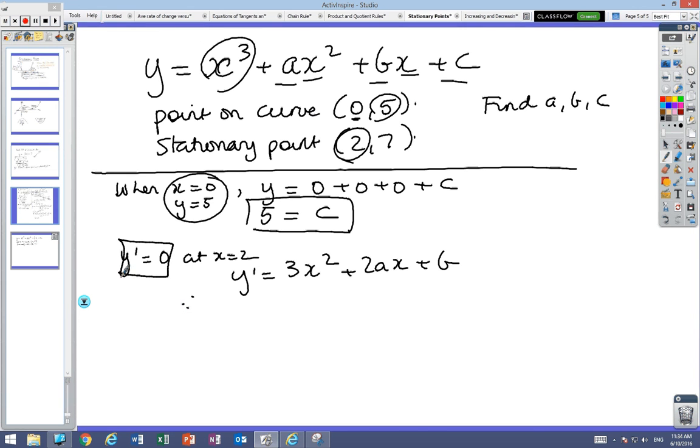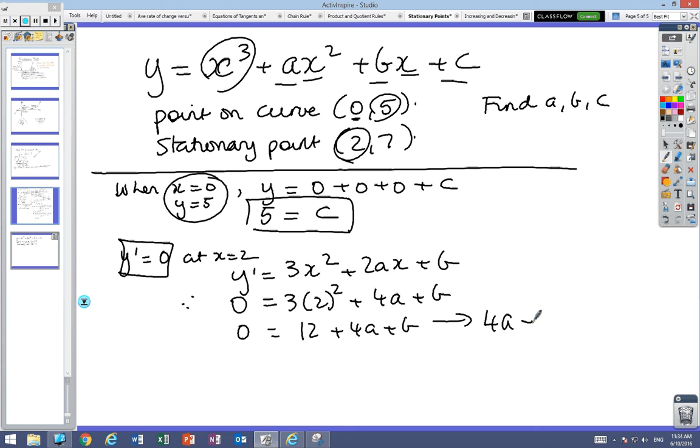And we know that it equals 0. So 0 equals 3 times 2 squared plus 4a plus b. So 0 equals 12 plus 4a plus b. And so just rearranging that, 4a plus b equals minus 12.